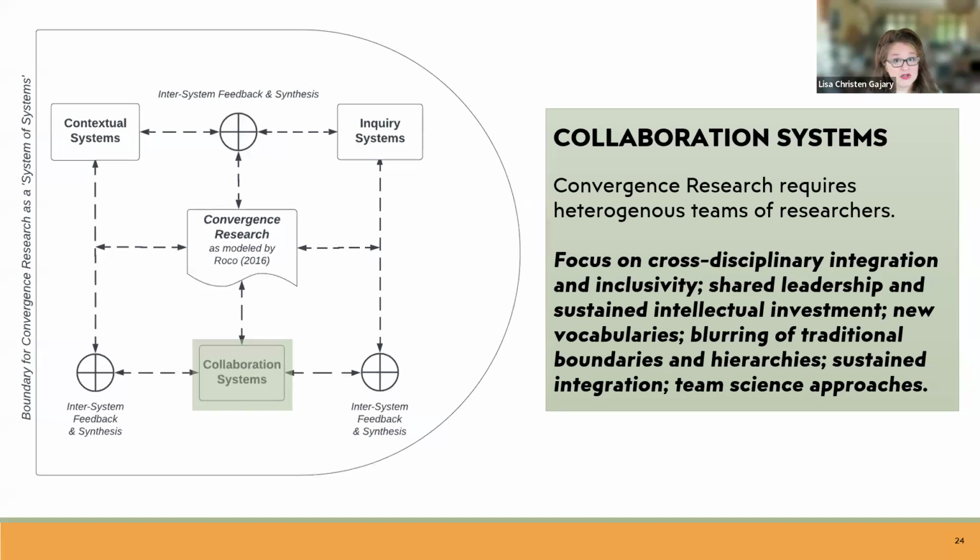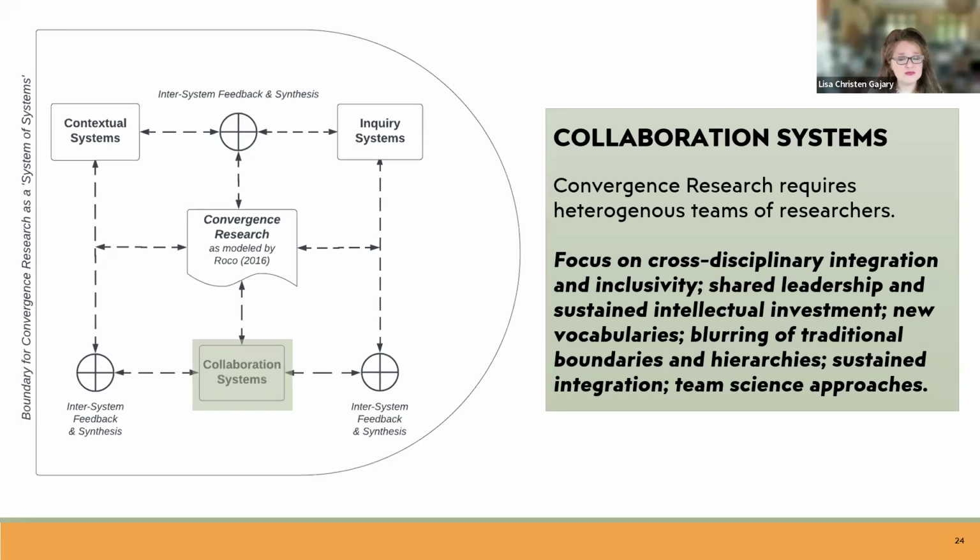Those are questions of leadership: how does leadership become shared, and what are the different types of leadership and levels of expertise within them? How does it work when traditional boundaries are blurred and hierarchies are upended and flattened? And what does the team science literature as a whole, with all the richness of that literature, bring to understanding collaboration systems?